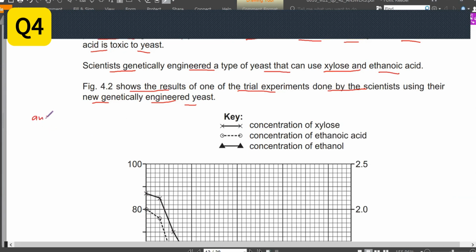So to do the anaerobic respiration, we are converting glucose to ethanol. So that's what we want. So we use the yeast. That's good.